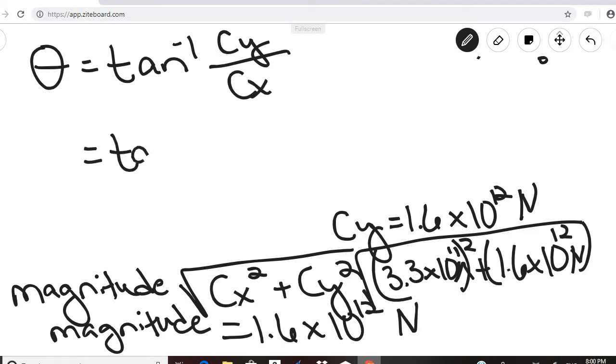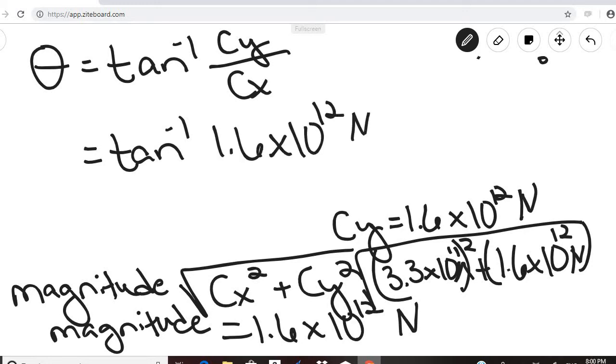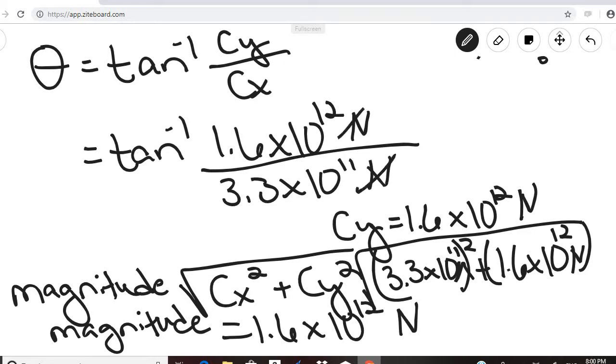So it's going to be the inverse tangent of 1.6 times 10 to the 12 newtons divided by 3.3 times 10 to the 11th newtons. The newtons cancel.